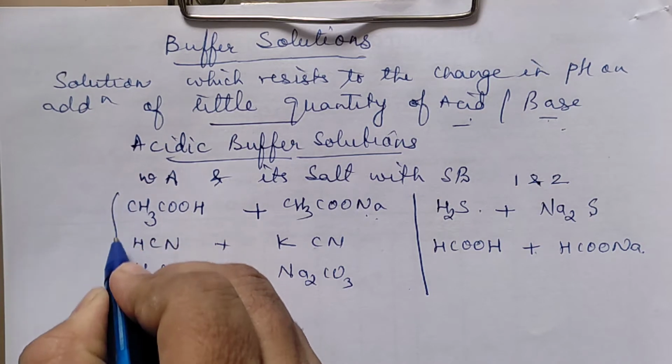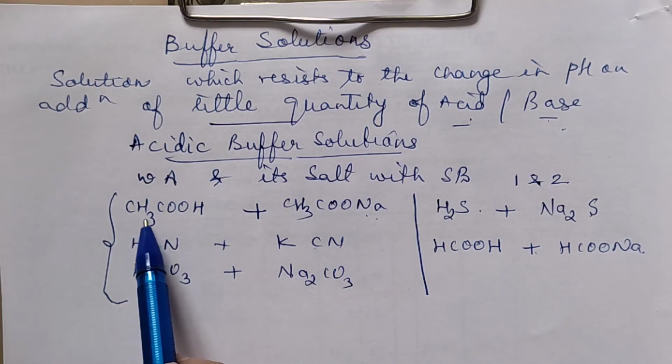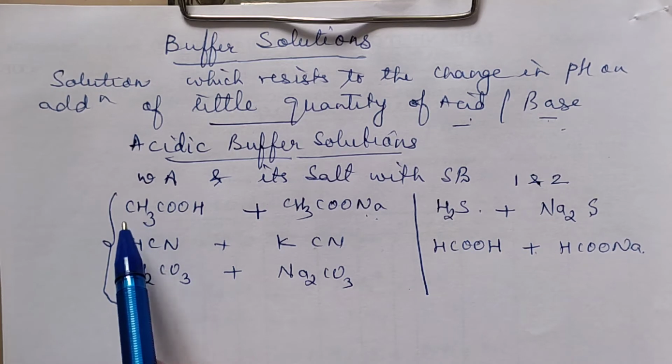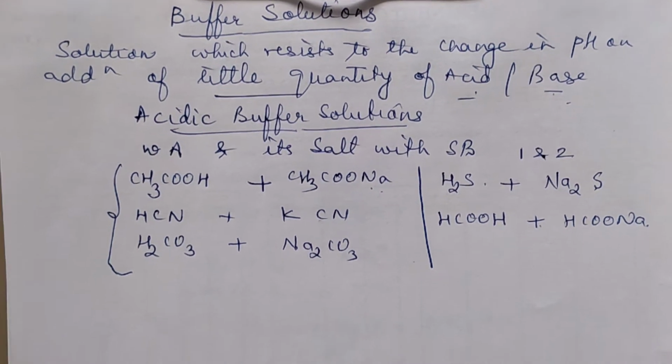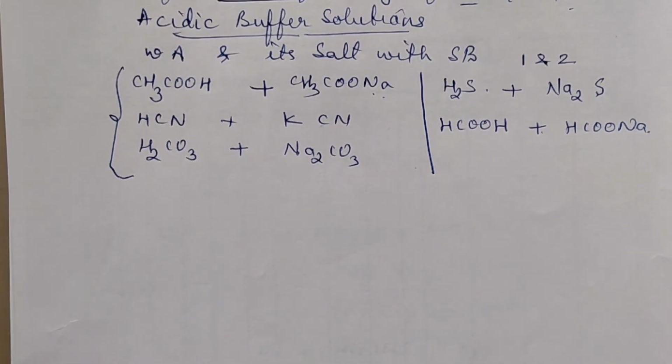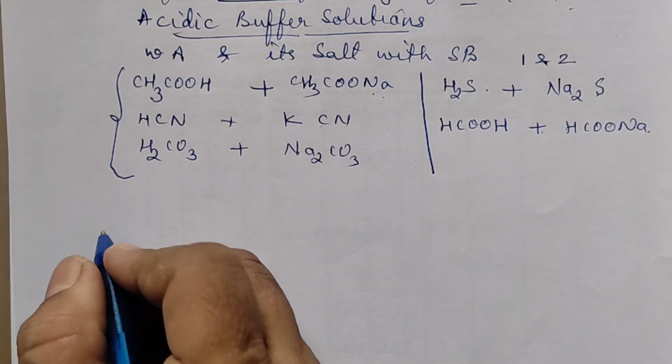Now these are examples where, directly by looking at them, you can make out that they contain a weak acid and its salt with a strong base. That is one category. In certain examples you may get the product indirectly.